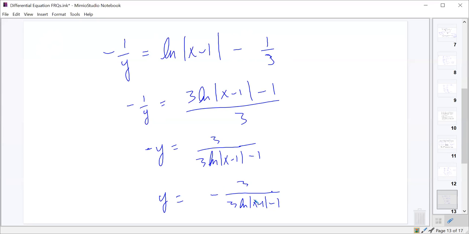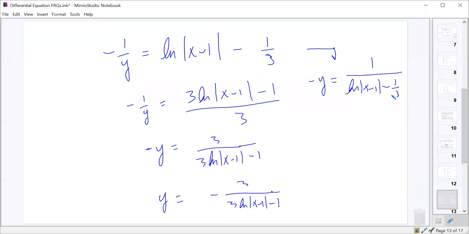Or if you want to distribute the minus through in the denominator and make it 1 minus 3 ln absolute value x minus 1, that's fine. Any of that's good. You didn't even have to get the common denominator. You could have said negative y equals 1 over this.